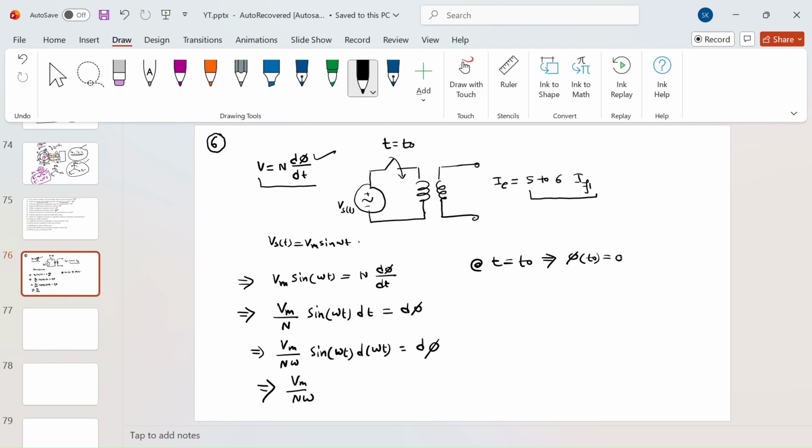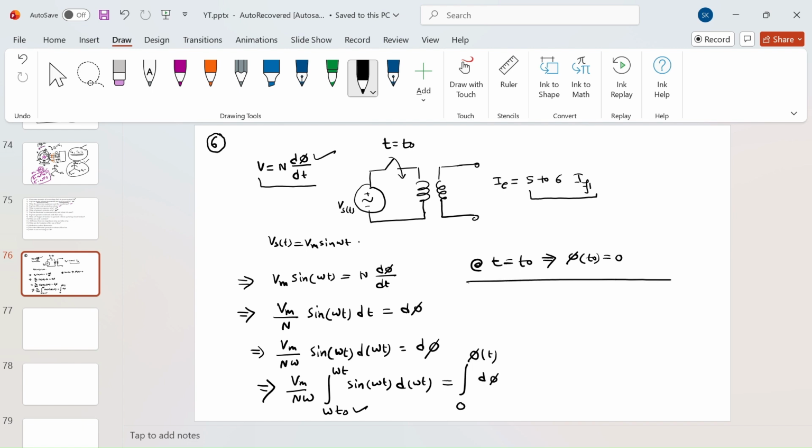The closing instant is omega t naught, and I want to see what the flux will be at a general time omega t: sine of omega t, d of omega t. At this time I have flux 0, and I have flux phi of t at any given time t.